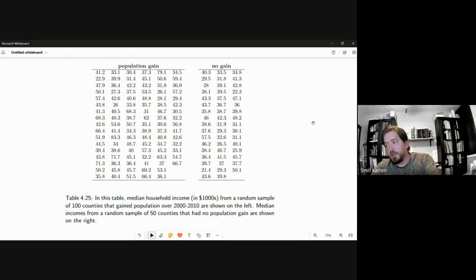And on the right, we have the median household income from 50 countries that did not have a population gain. So we separated the two groups based on whether or not the country's population was increasing. And then we collected information, in this case the median household income in thousands of dollars. And they ask a question here somewhere.